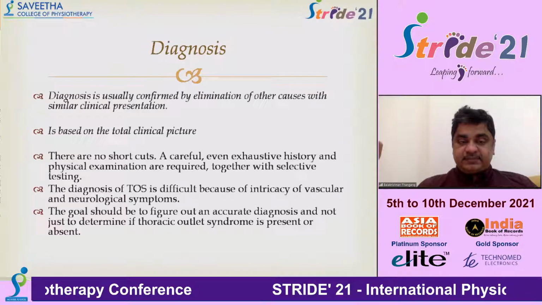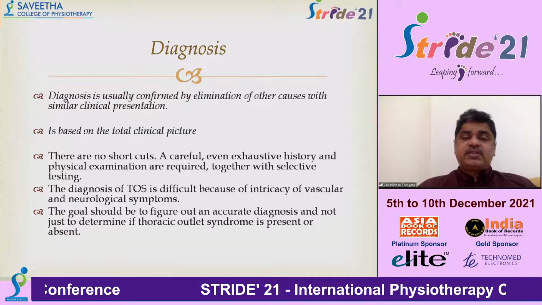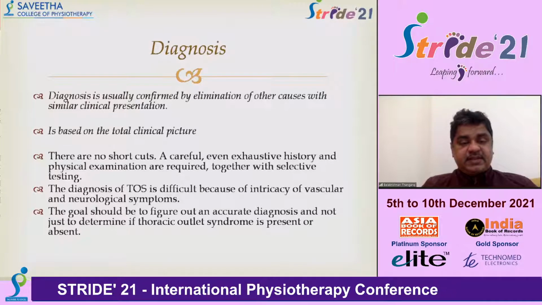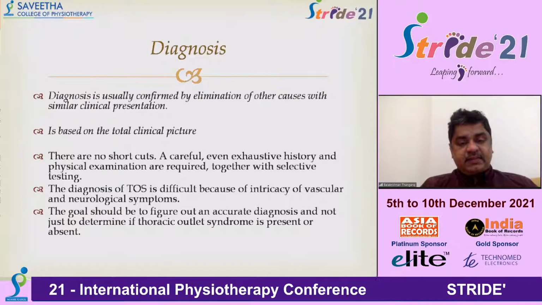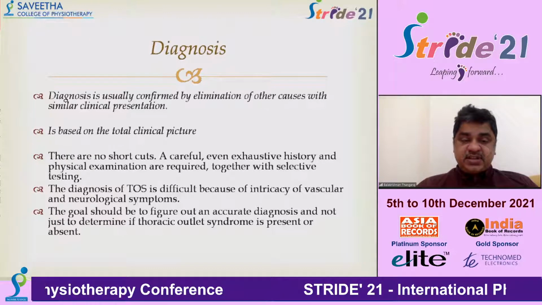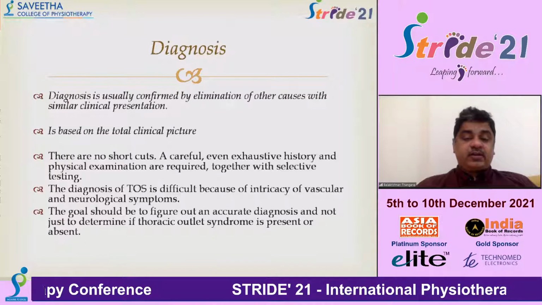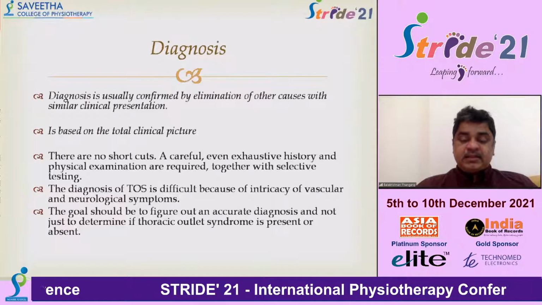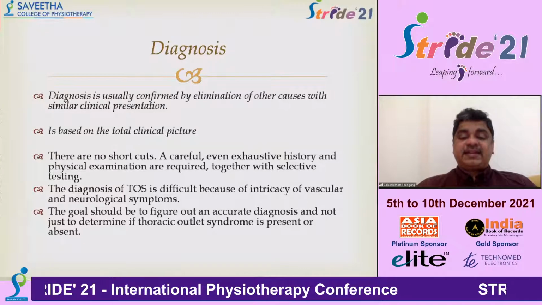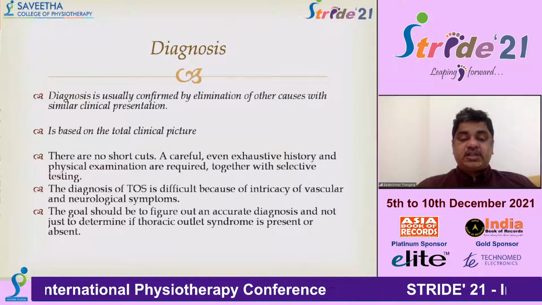Next slide, please. The diagnosis is usually confirmed by elimination of other causes with similar clinical presentation, based on the total clinical picture. There are no shortcuts. A careful and even exhaustive history and physical examination are required, together with selective testing. The diagnosis of TOS is difficult because of the intricacy of vascular and neurological symptoms.